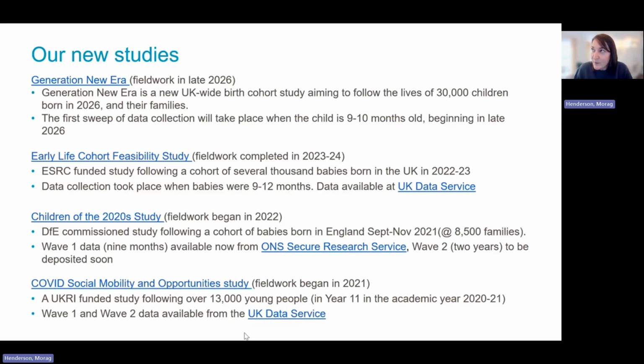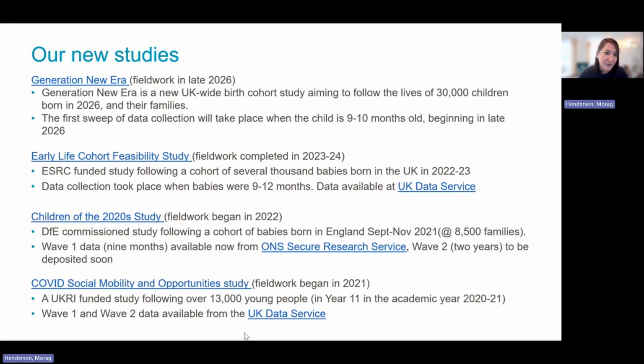Possibly the most exciting of which, but perhaps I shouldn't be so partisan, is the Generation New Era. This is a new cohort study that's going to start data collection next year, following the lives of 30,000 children and their families. So that's going to add to the sequence of those 4 studies. As part of the preparation for that big new study, we had the early life cohort feasibility study, which was to check that another birth cohort would be feasible in this period of life, and it was deemed it was.